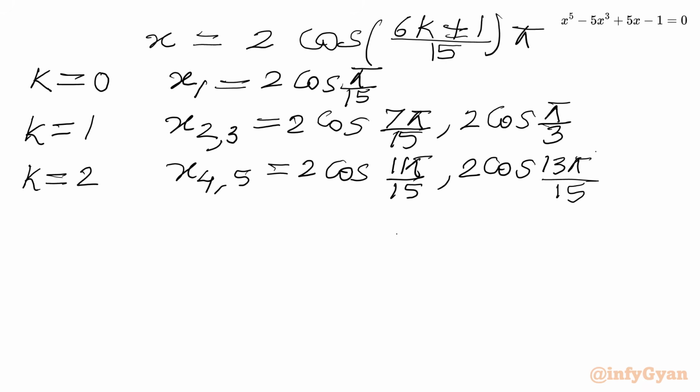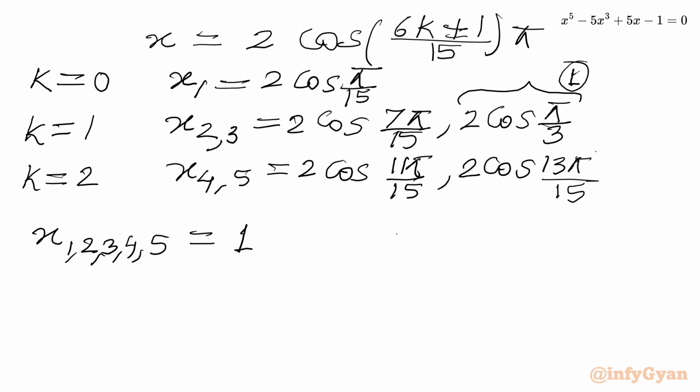So we have 5 solutions over here. Cos 60 is half, so 2 cos pi over 3 is nothing but 1. So I can write x1, x2, x3, x4, x5: the first root is 1. Then we have 2 cos pi over 15.